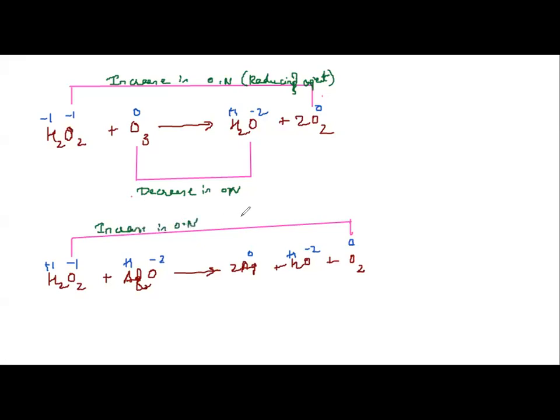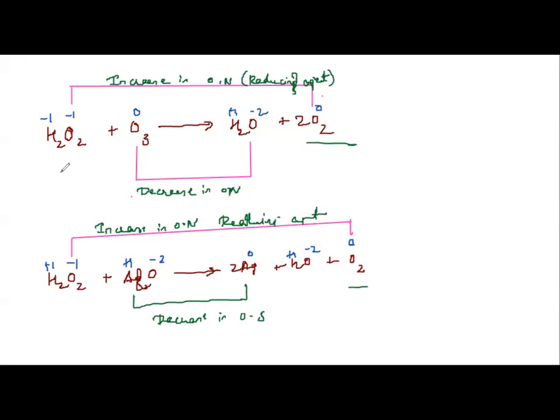So what type of reagent? Reducing agent. Yes. And if you look at silver oxide, from +1 it is becoming 0. So there is decrease in oxidation number. Therefore, I can say H2O2 acts as reducing agent in both the reactions in which oxygen gas is evolved.